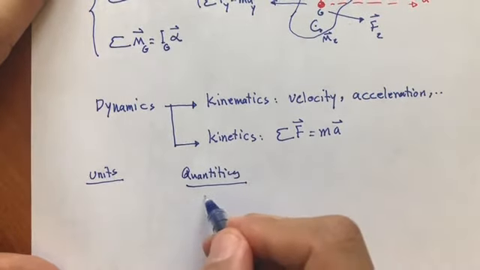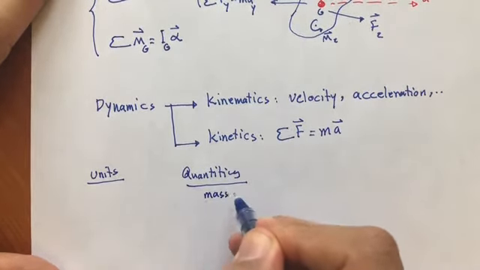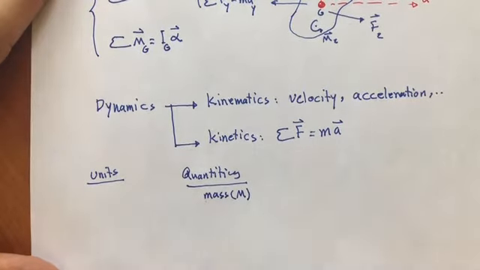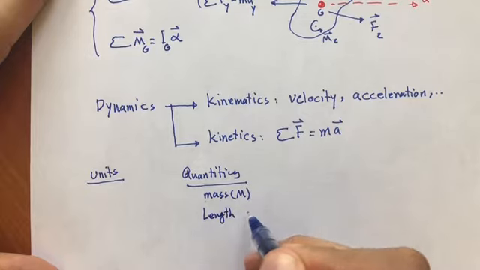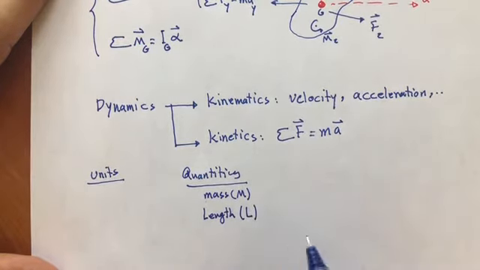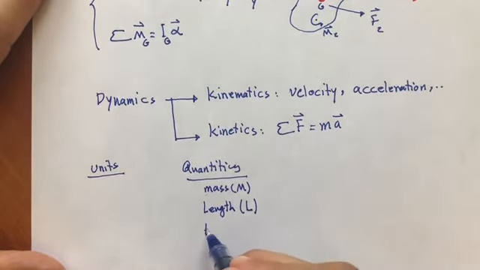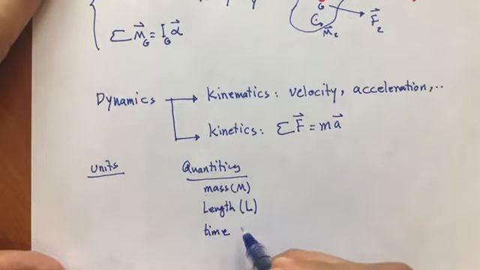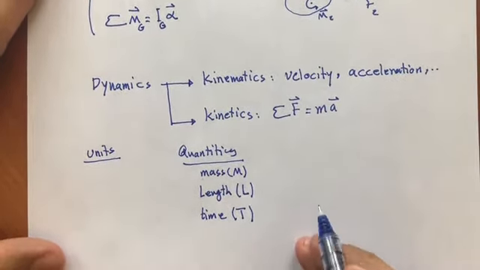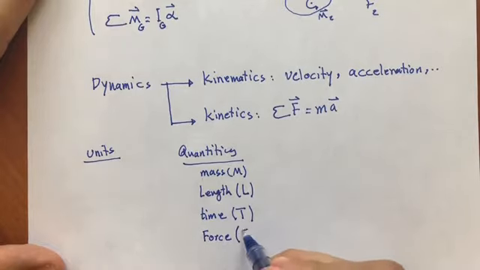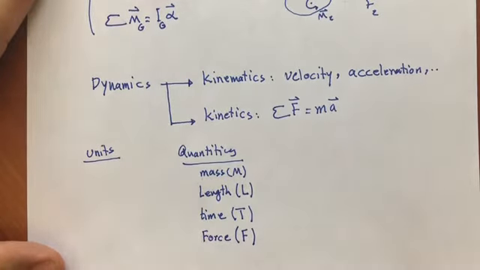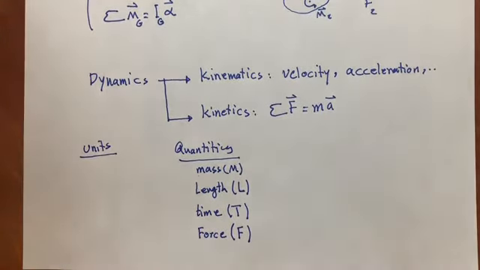Quantities like mass, which we show with m, length, which we usually show with L, time, which mostly we show with T, and also force, which most of the time we show with F. So these are the quantities that we use, right?